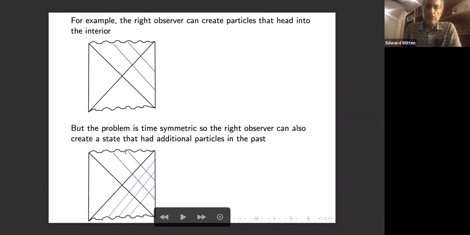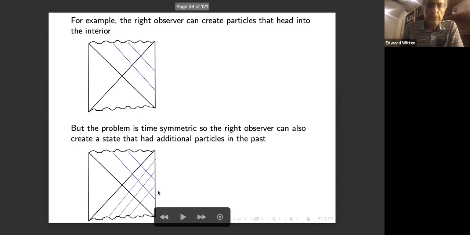So a general manipulation by the observer on the right will involve throwing in particles that go into the future, but creating a different state of the system where there are particles that emerge from the past. And you'll see that the right observer can affect what's in this triangle, and this triangle, but can't do anything that affects this fourth triangle, which is not in causal communication with the right observer. The right observer can only send things in that go at an angle at most pi/2 to the vertical. So they can reach 3/4 of the picture, but not the last quarter.